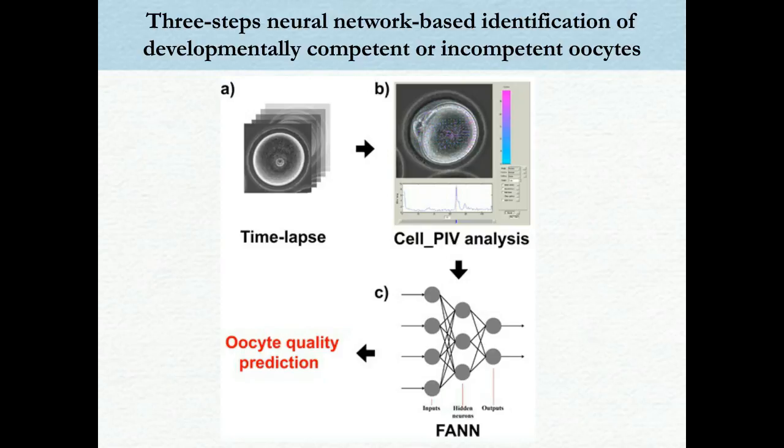But for this, we were helped by our bioengineer colleagues who developed an artificial neural network that, based on the results obtained with the particle image velocimetry, is capable of making a prediction of each single oocyte, classifying it as SN or NSN based on its cytoplasmic movement.